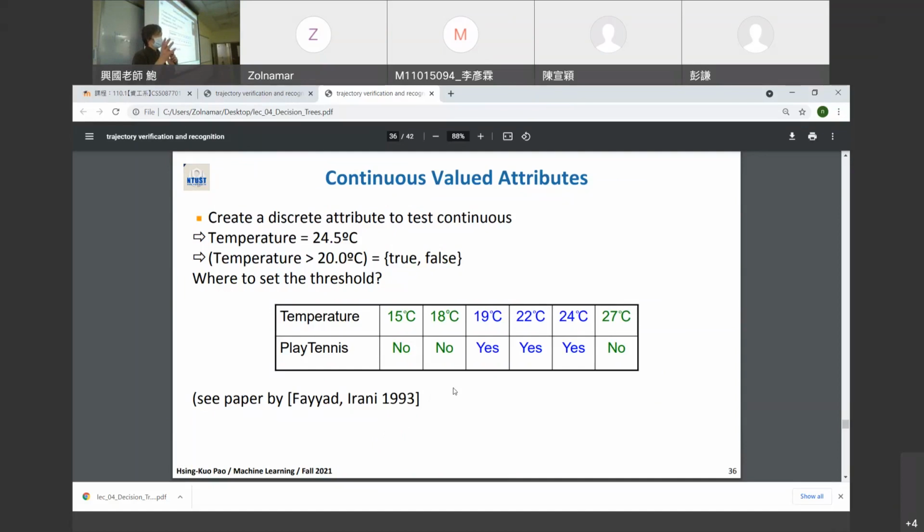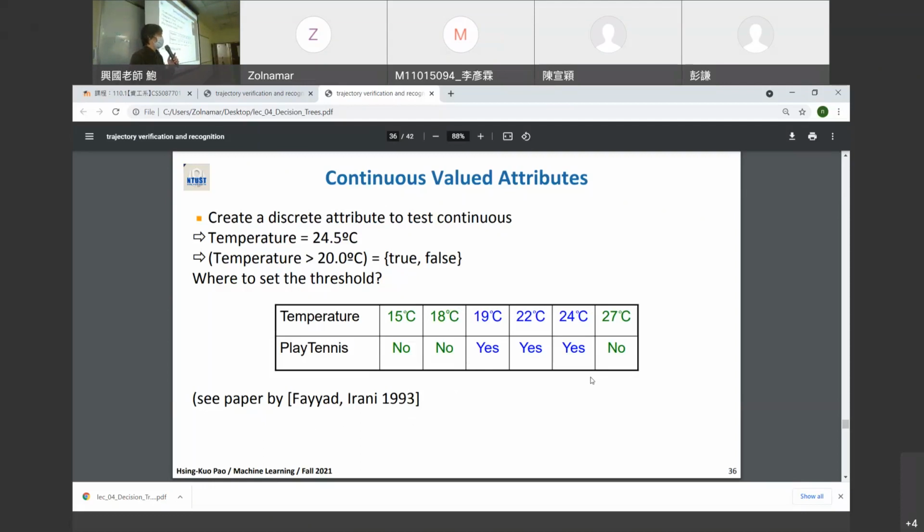The next question is, which cut point will give us the best information gain? Based on this paper, the cut point right here and the one right here will give us the best information gain. They proved that.